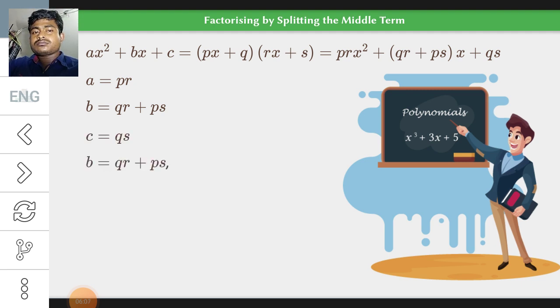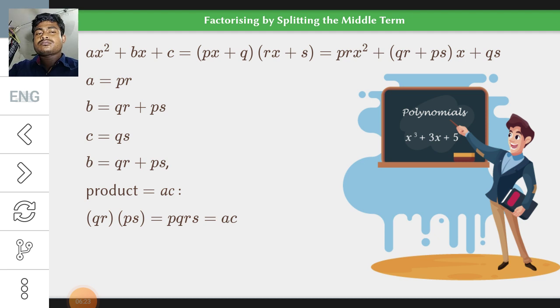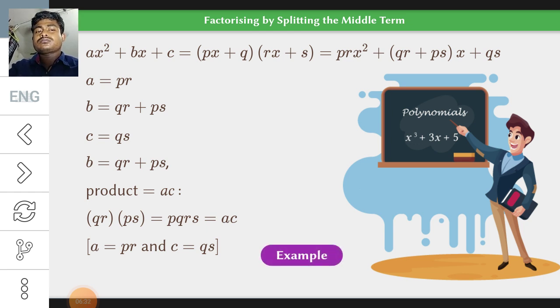Therefore, b is the sum of the numbers qr and ps, and the product of these two numbers is ac, as shown. qr times ps is equal to pqrs, which is equal to ac, as a is equal to pr and c is equal to qs. Tap the button to understand this better with an example.